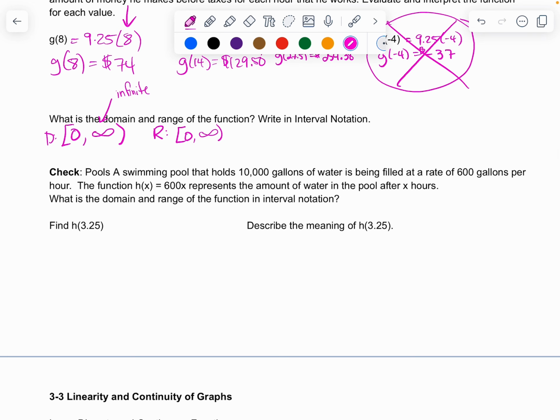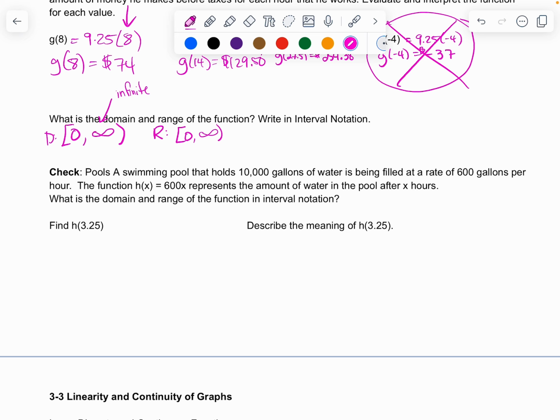Okay. A swimming pool that holds 10,000 gallons of water is being filled at a rate of 600 gallons per hour. The function h of x equals 600x, whoa, that came out weird, represents the amount of water in the pool after x hours.